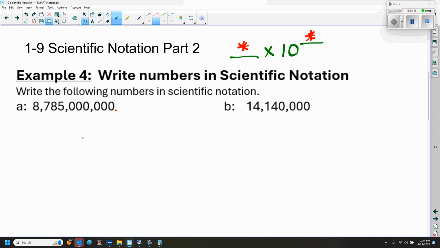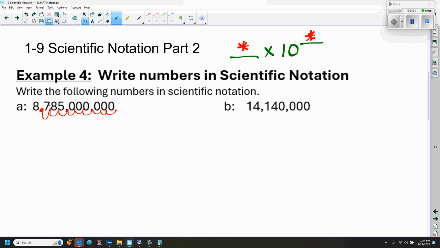And we want to take that decimal and move it to the left until we get to our first something that is greater than or equal to 1 and less than 10. So we will move that decimal 1, 2, 3, 4, 5, 6, 7, 8, 9 times.